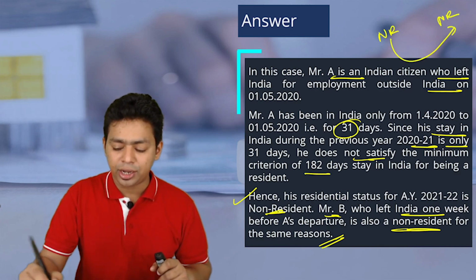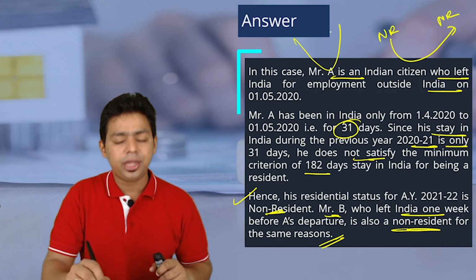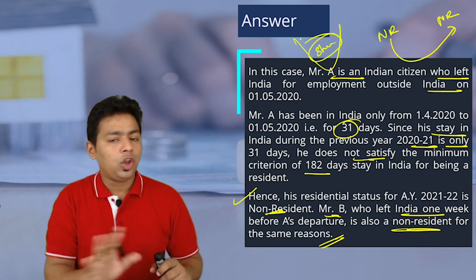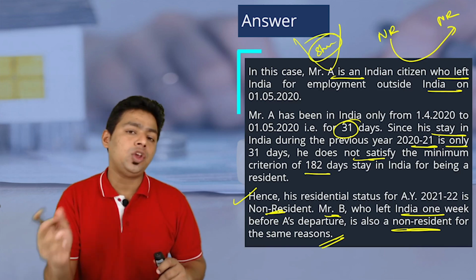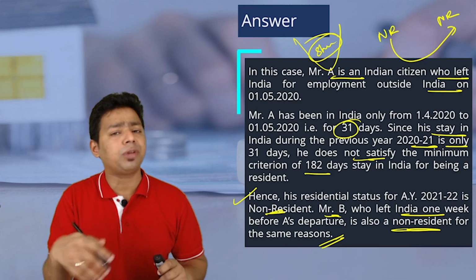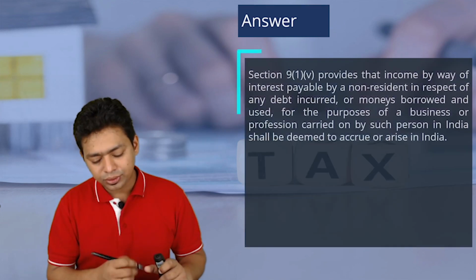So now one NR is earning interest from another NR, and money is invested in India for buying shares, not business. Please understand, it's not money used in India in a business activity, in a commercial activity. It was an investing activity, a personal activity, you can say.